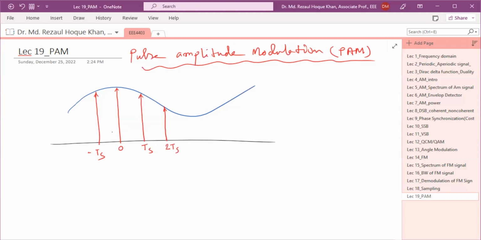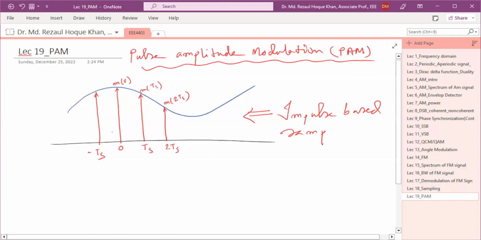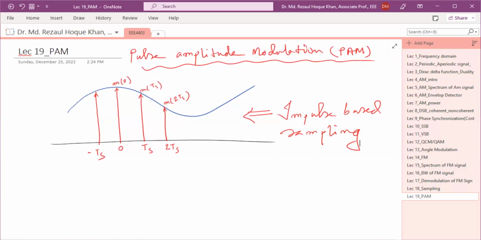So the impulse at 0 becomes m of 0, the impulse at TS becomes m of TS, the impulse at 2 TS becomes m of 2 TS, and so on. That is impulse based sampling.